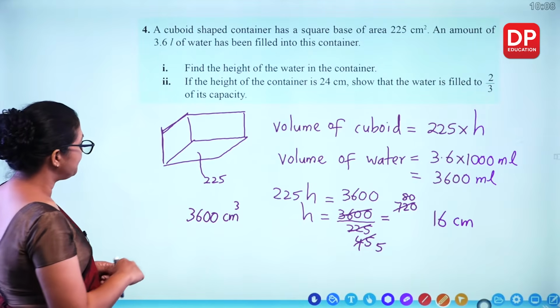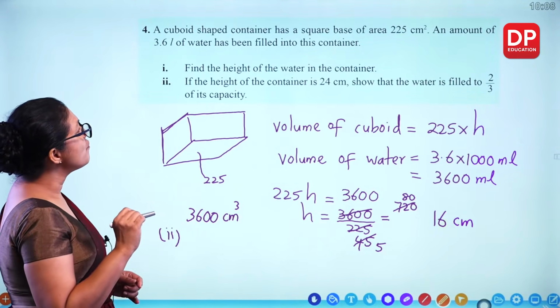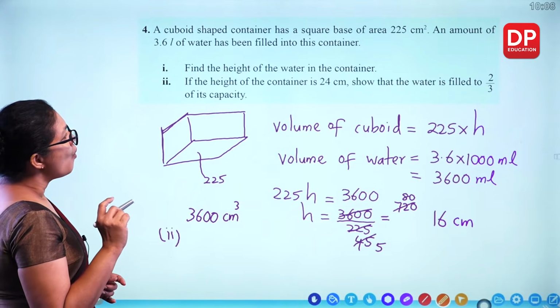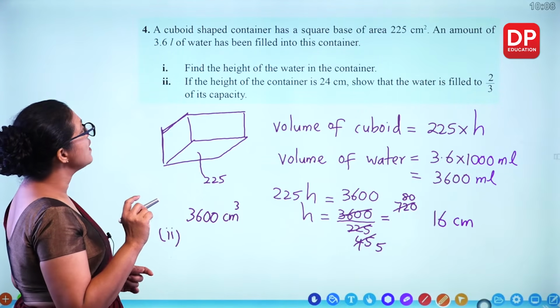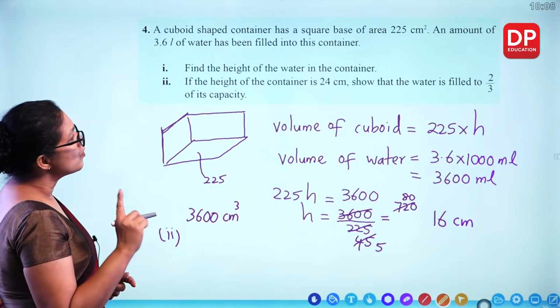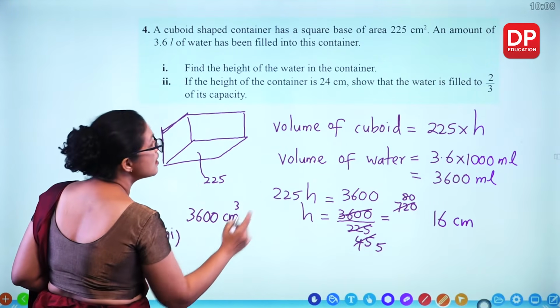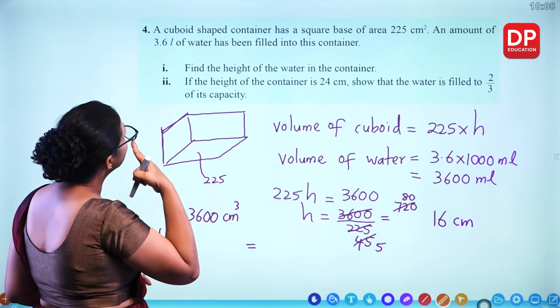Part 2. If the height of the container is 24, show that the water is filled to 2/3 of its capacity. So what's the ratio? Or we can write down the full volume.